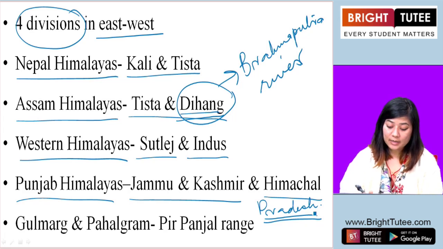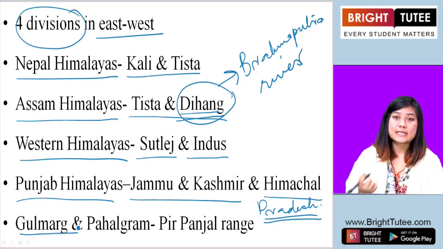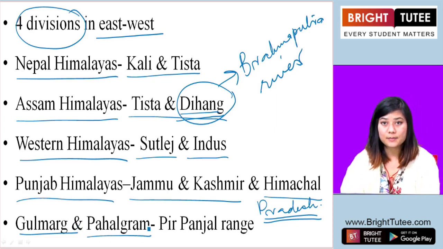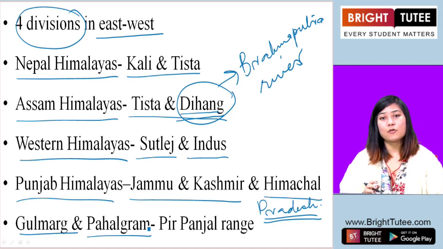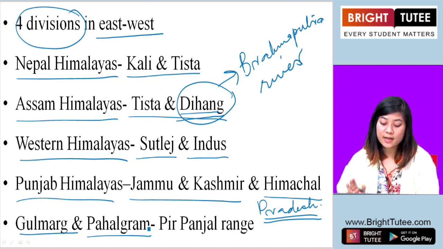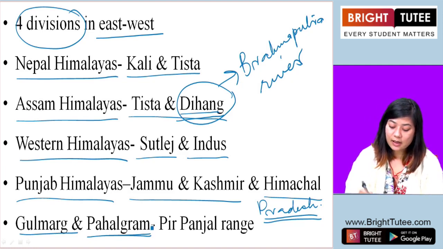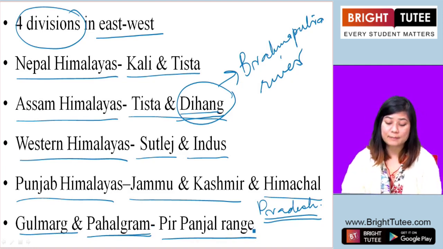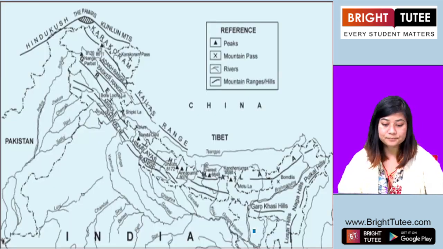Okay. Now another two popular hill stations are Gulmarg and Pahalgam. These are also popular hill stations from the Himalayan range, and these are located in the Pir Panjal range of the Himalayas. Alright.